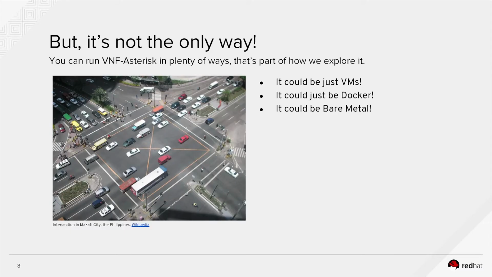So while there's a big focus on Kubernetes here, as we continue with our experimentations using VNF Asterisk, it's not the only way that you could deploy this. We also have in the past configured it so we could run it just on bare metal or in a virtual machine or just in Docker containers.